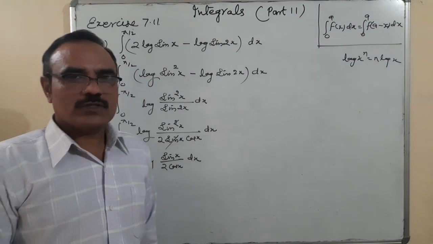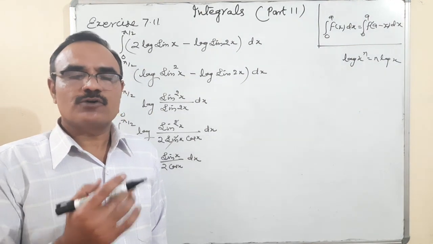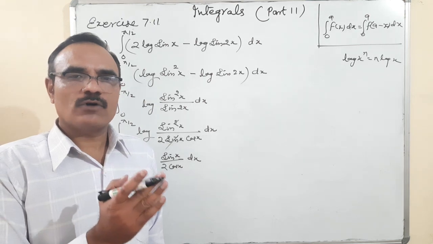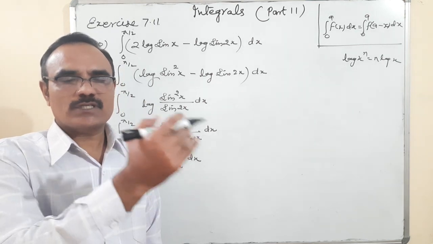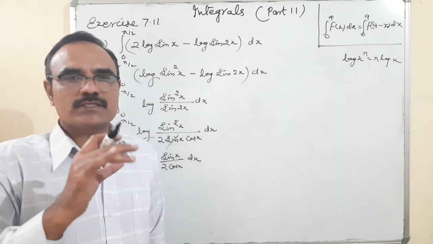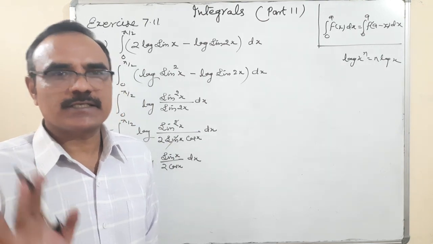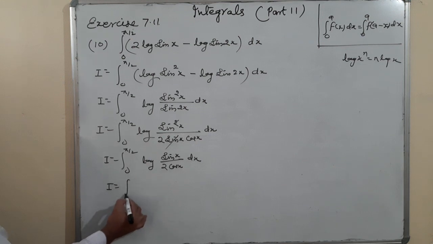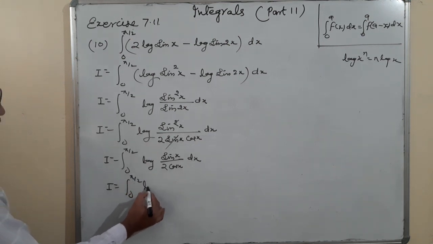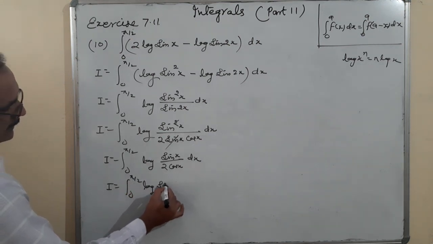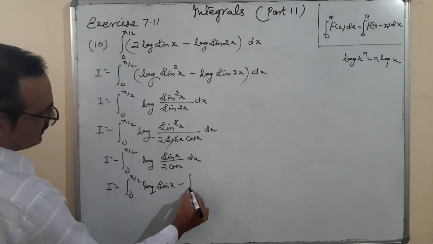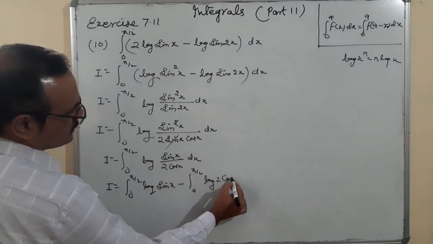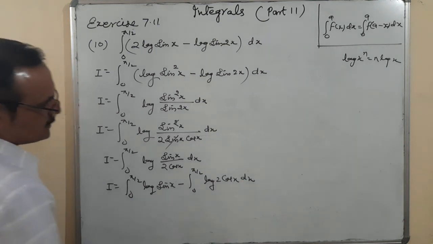By the way, before this exercise, the question which I have solved, integral 0 to pi by 2 log sin x dx, same as integral 0 to pi by 2 log cos x dx. Equation number 1 and equation number 2, only this is the exchange, otherwise the result is same. Okay. So I is equal to integral 0 to pi by 2 log sin x minus integral 0 to pi by 2 log 2 cos x dx. Is that okay?